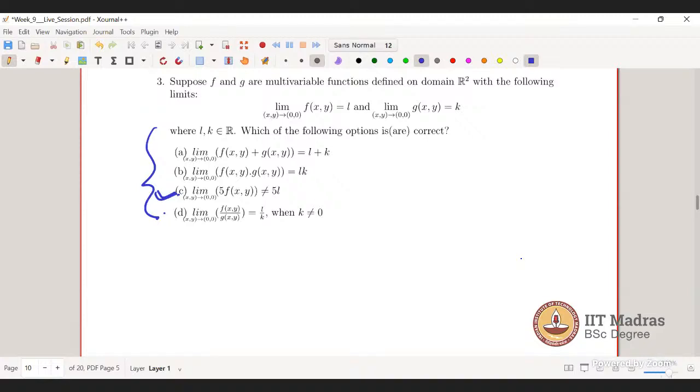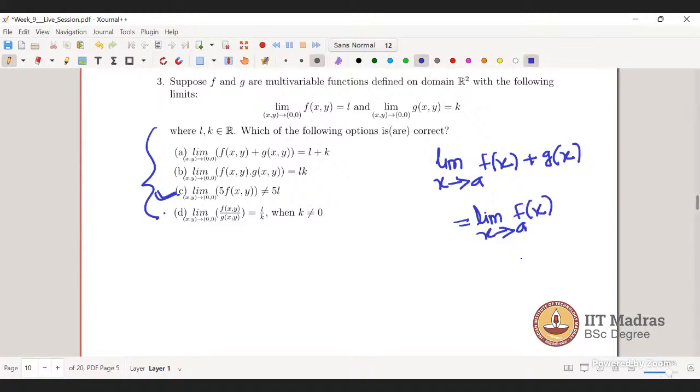So the limit as x tends to a of f of x plus g of x, you can apply the limit separately, provided that both the limits exist. Similarly, you can take the product.